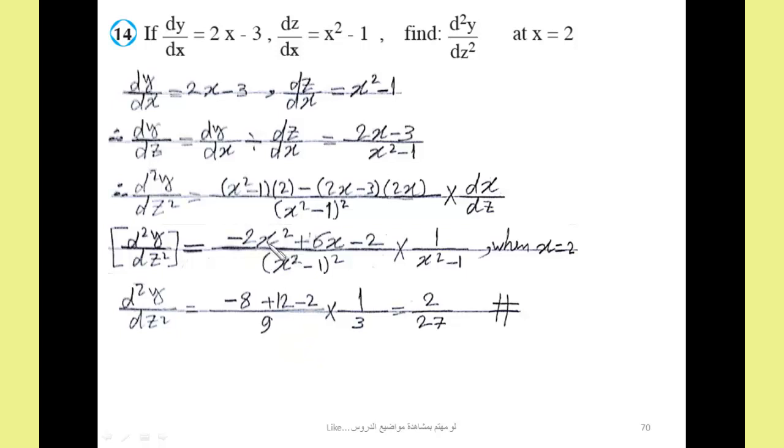When you substitute x equals 2, you will get 4. 4 multiplied by negative 2 is negative 8. 6 times 2 is 12, minus 2, over, substituting x equals 2, 4 minus 1, which is 3 squared, equals 9, multiplied by 1/3. And the final result will be 2/27. So d²y/dz² equals 2/27.